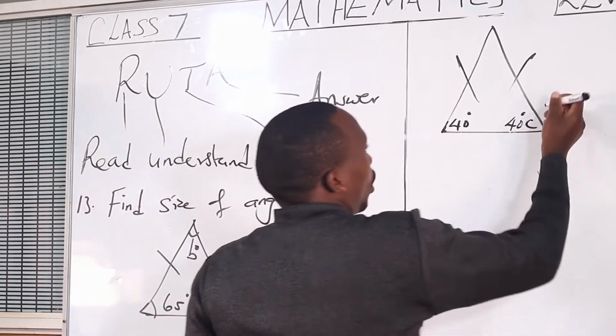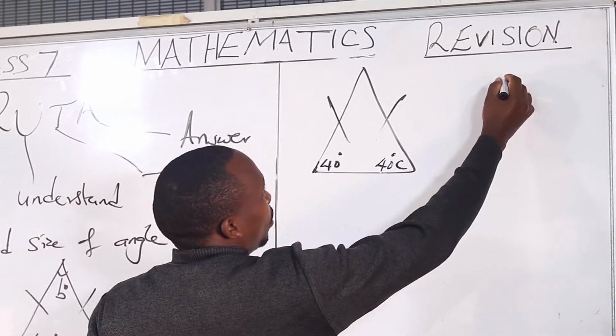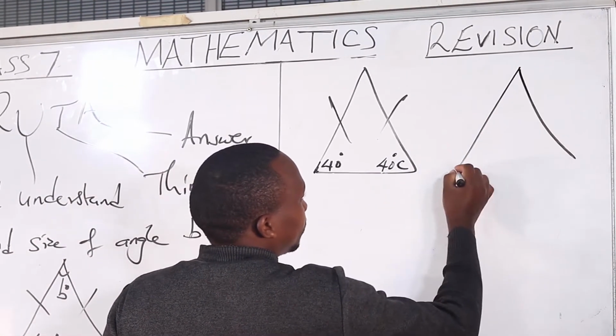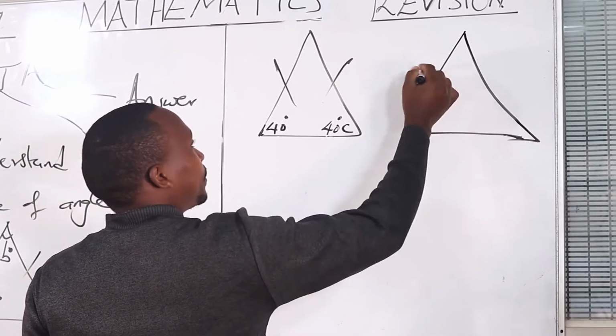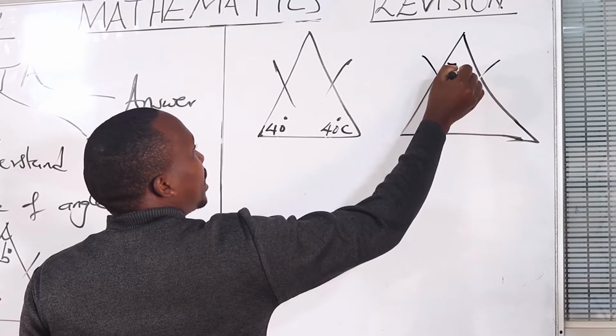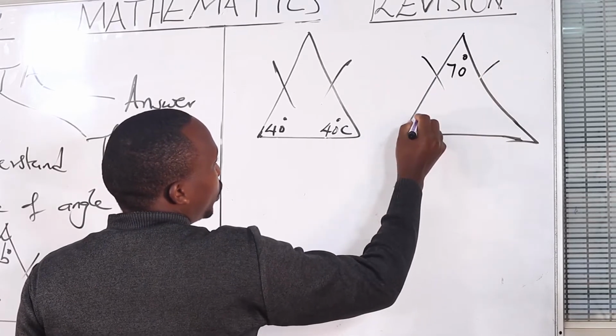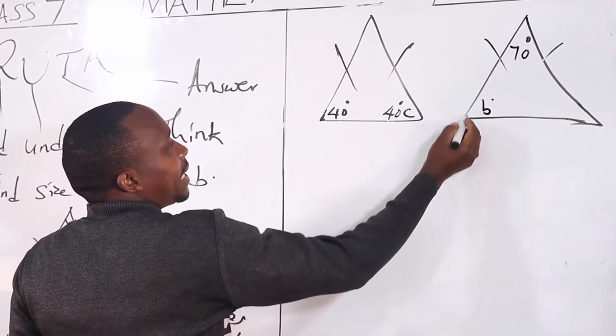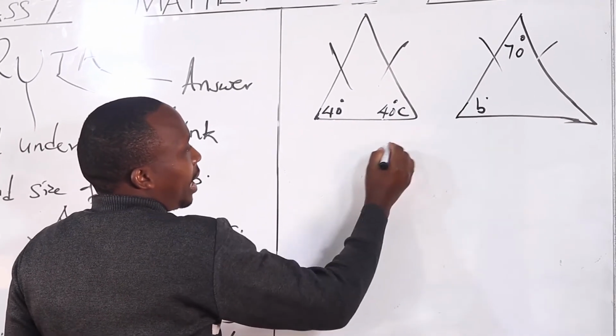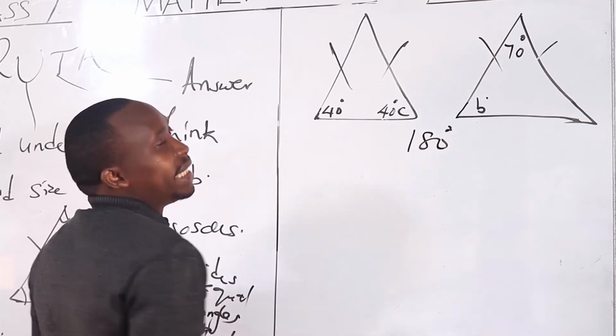Now, okay, the other one, I would like you to tell me this. Here we are having 70 degrees. How are we going to get our B there? So you'll see all angles in a triangle add up to 180 degrees.